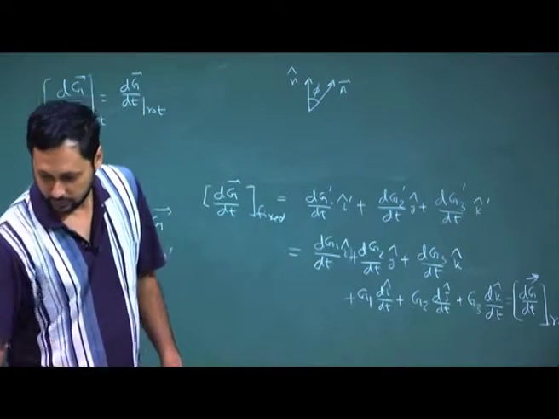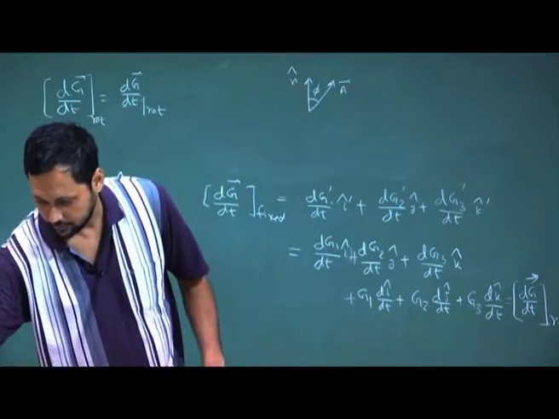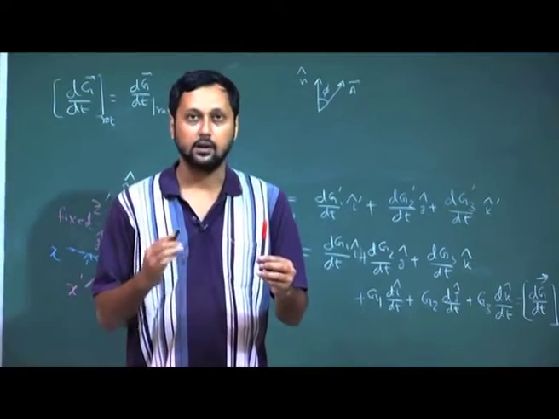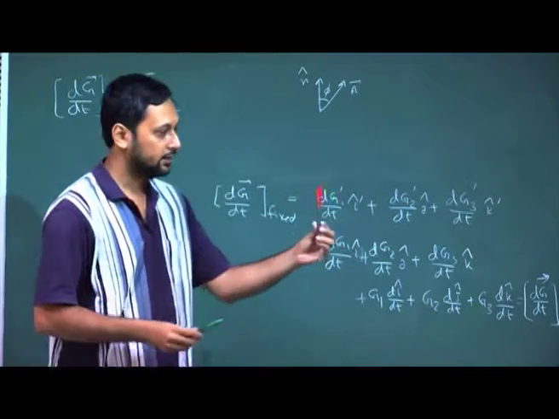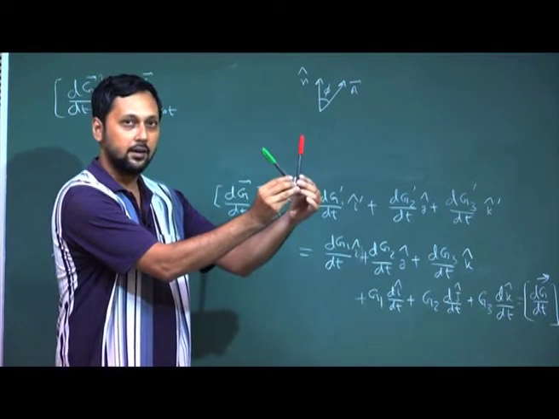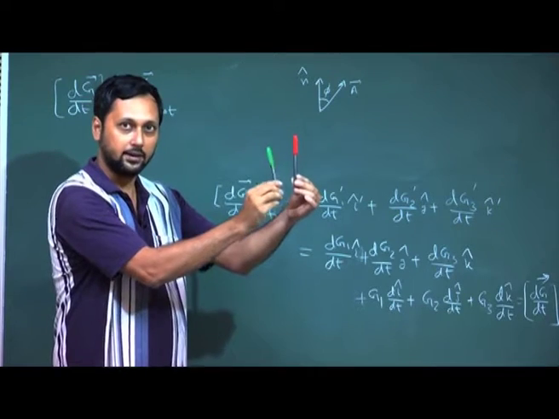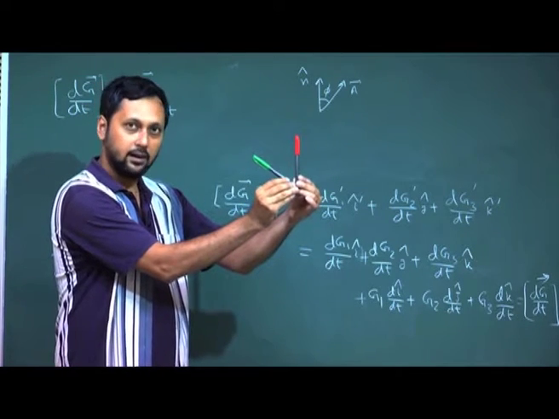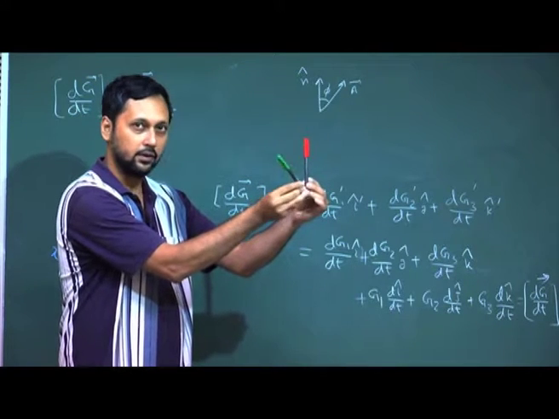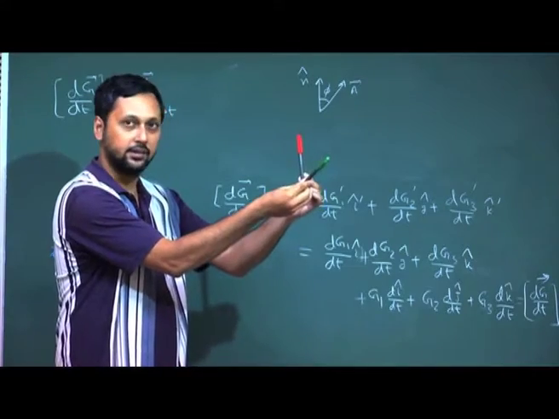So, let us say the red pen represents the fixed direction and the green pen represents the rotating vector around this direction, and this angle is fixed. So, it is rotating something like this.